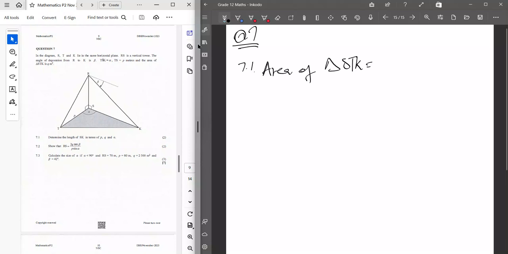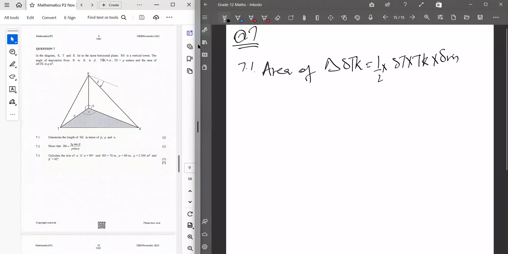What we know about area rule is half ST times TK times sine angle TSK. Sine angle TSK. Okay.